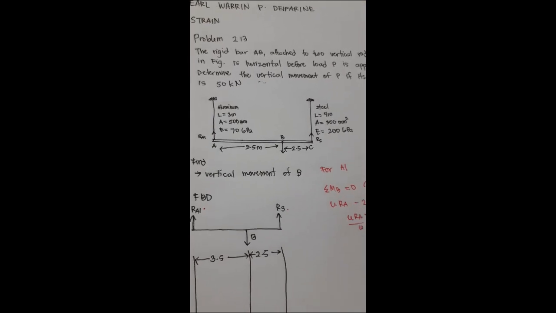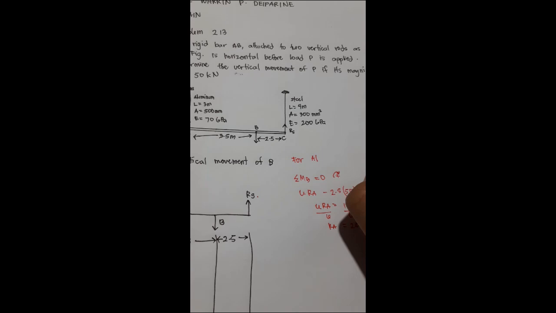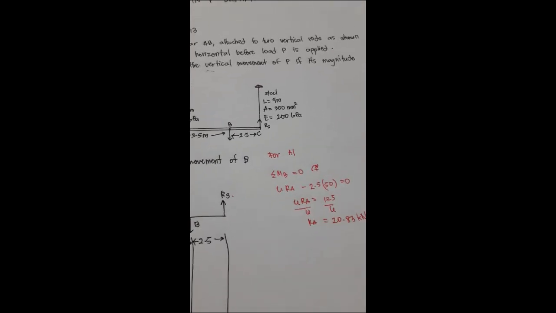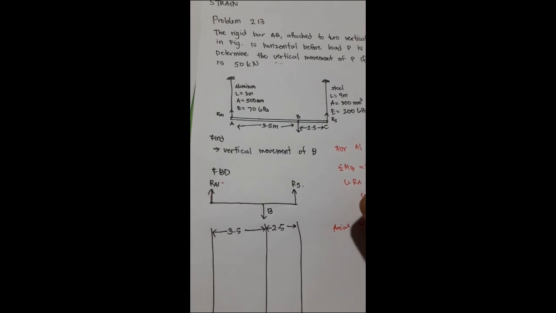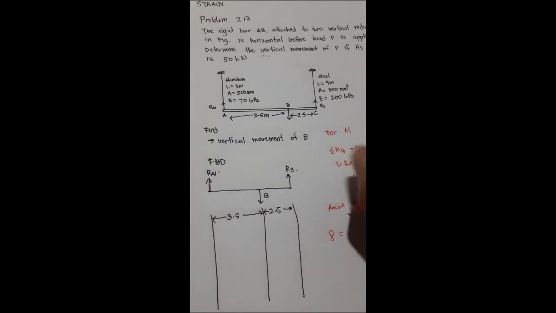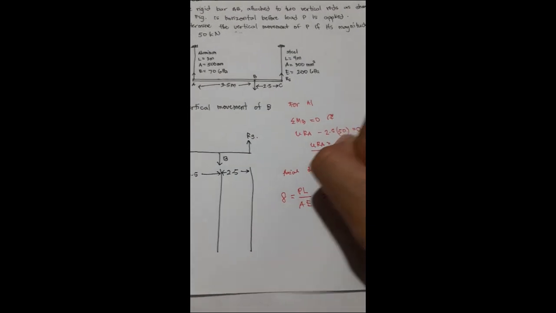Divide both sides by 6. RA is equal to 20.83 kilonewton. Now for the actual deformation of the aluminum, we have this formula here: force times the length over the area times the E. Plug in the values.